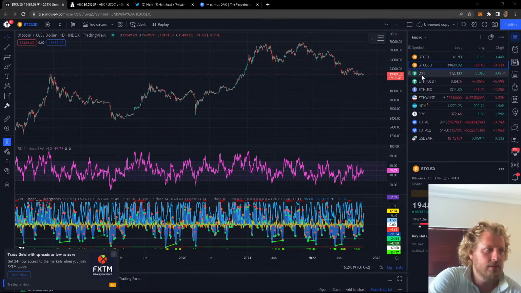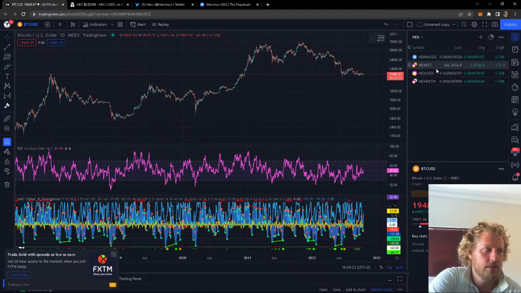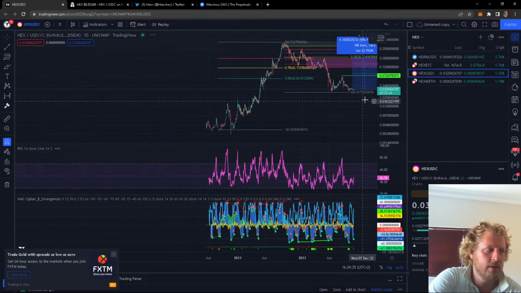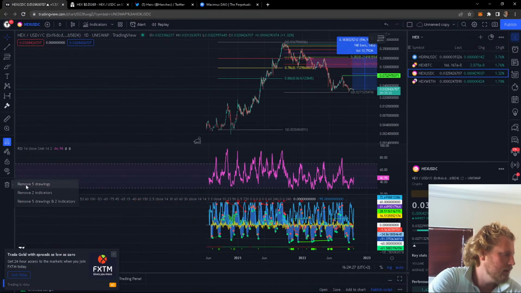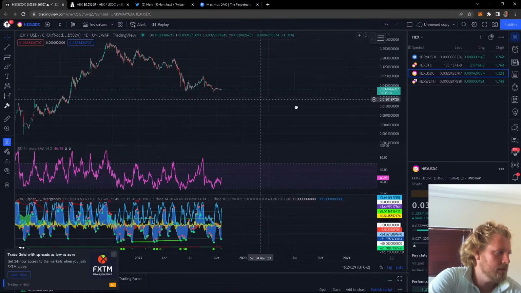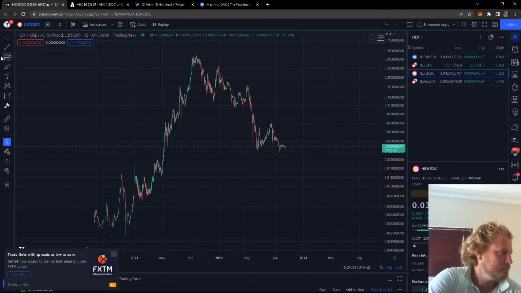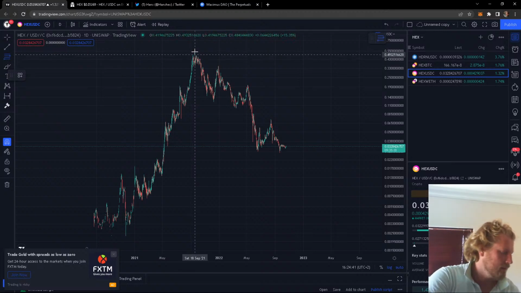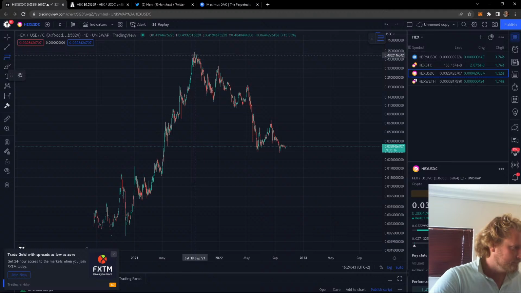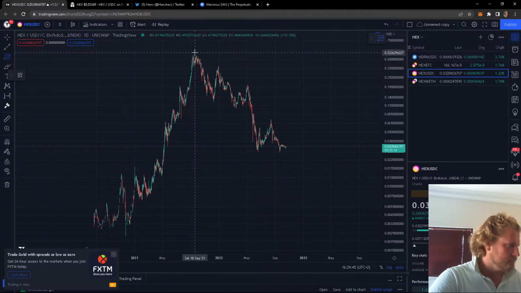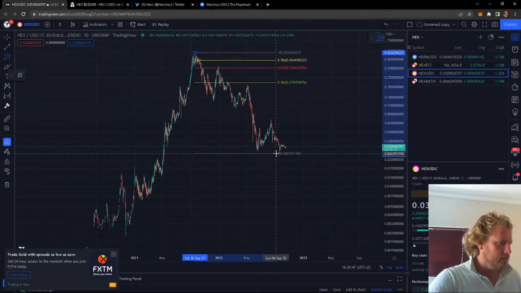I mean, you can do a Fib extension to see how high we're going to go. Let me just remove everything. So the Fib extension, you do it from the bottom, from the top, to the bottom.